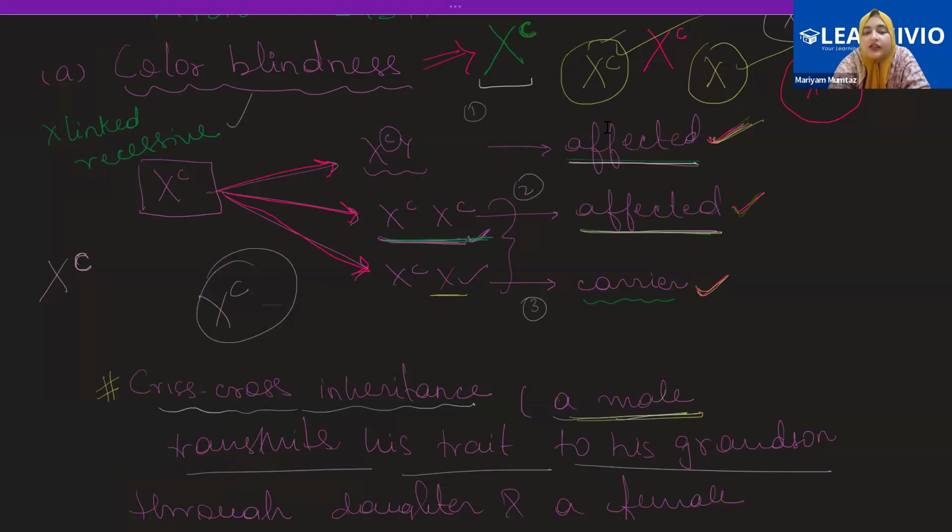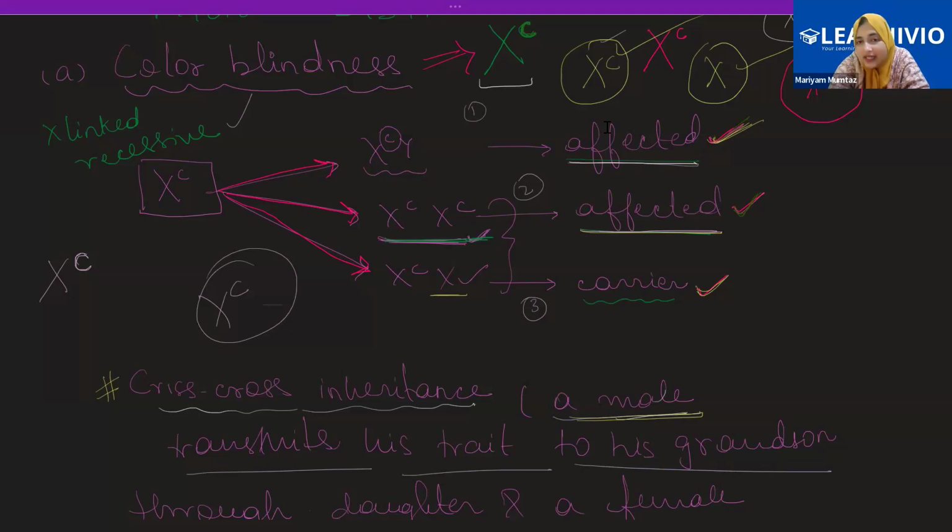carrier. The kind of disease that is X-linked shows crisscross inheritance, meaning that it will go from the male to his grandson via the daughter. And in the case of a female, it will go from the female to the granddaughter through the son.